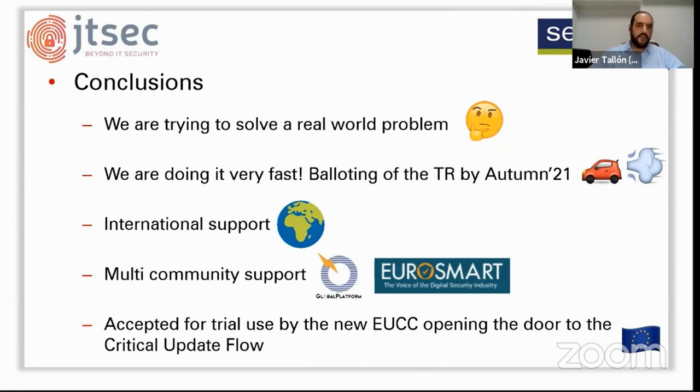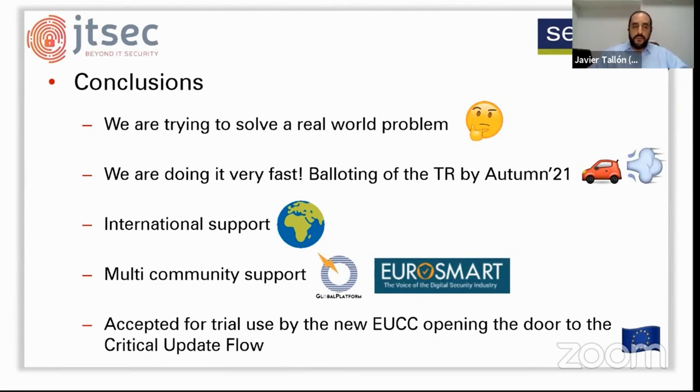So, regarding conclusions, the first one is that patch management is something that the product certification community has needed for a long time. The second one is that we are doing it really, really fast because it's an urgent matter, and hopefully the final technical report will be approved by autumn next year, which is really, really fast for an international standardization process.